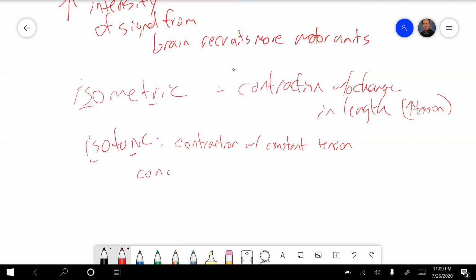There's concentric and eccentric. Concentric, the muscle fiber gets shorter. That one's easy to understand. Flex your biceps muscle. Put your hand on your biceps when you flex your arm. Constant tension. Eccentric, the muscle gets longer.